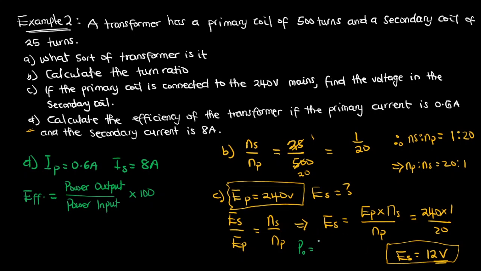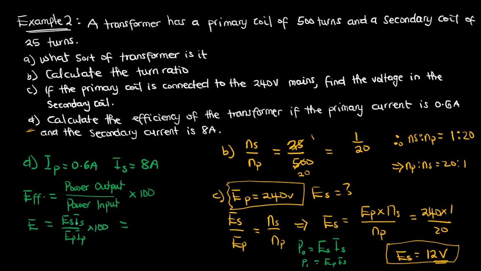So that would be the voltage in the secondary coil multiplied by the current in the secondary coil. Now the power input, which I'll make PI, is equal to the power in the primary coil. So that would be the potential difference, or EMF, in the primary coil multiplied by the current in the primary coil. So this is effectively equal to ES IS over EP IP, multiplied by 100.